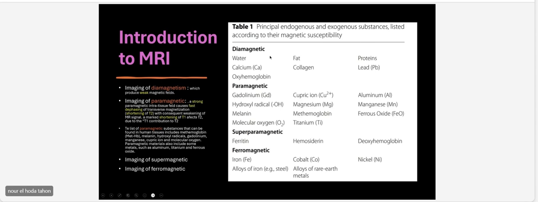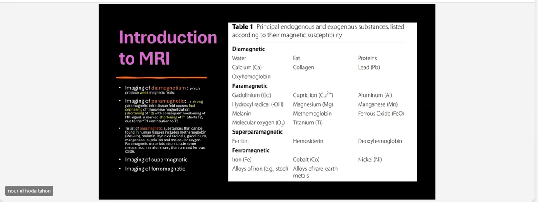For example, we have diamagnetic, which has a very weak magnetism. The diamagnetic substances include water, fat, collagen, protein, calcium, and oxyhemoglobin. The paramagnetic is a little bit stronger, like gadolinium.